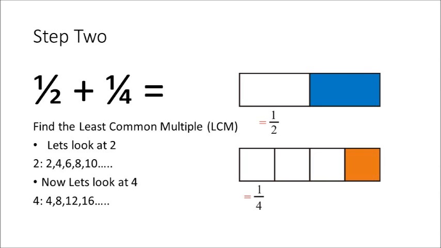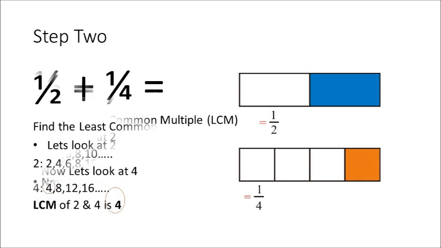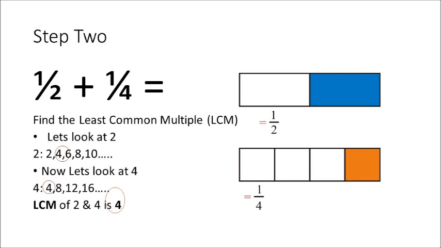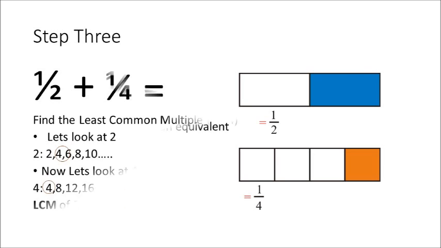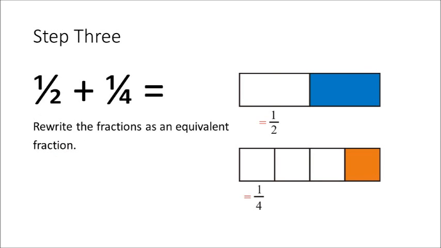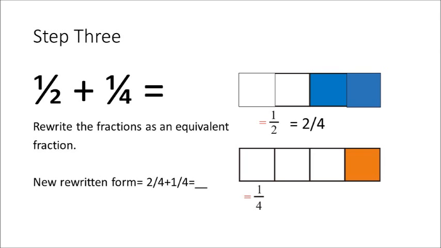Let's look at the 2's, where the multiples of 2 are 2, 4, 6, 8, 10, and etc. Now let's take a look at the 4's, where the multiples of 4 are 4, 8, 12, 16, and so on. Since we now have labeled out the multiples of the 2's and the 4's, it is time to find the common or same value in each of them, which I had circled here, and they both are 4.